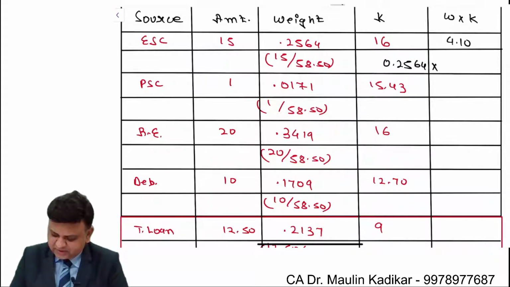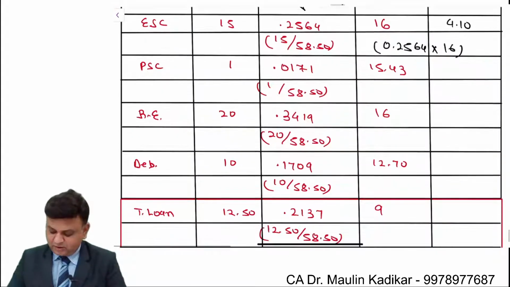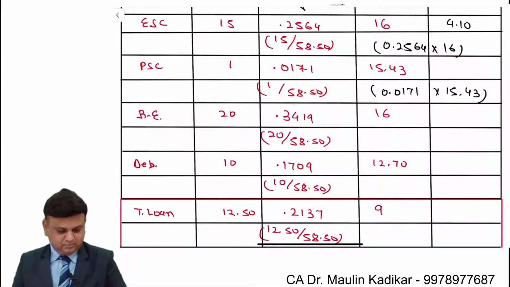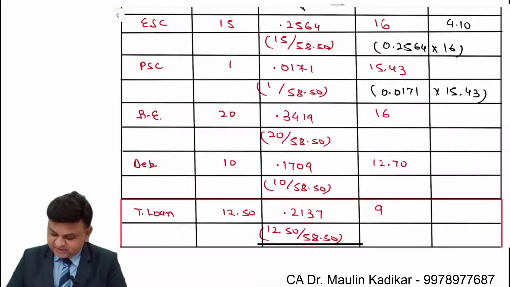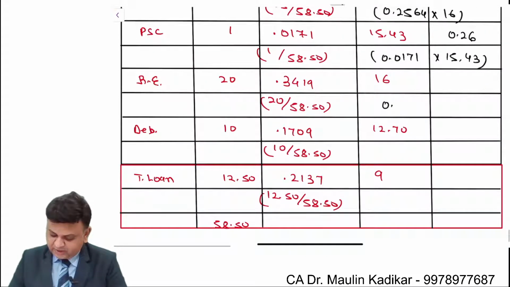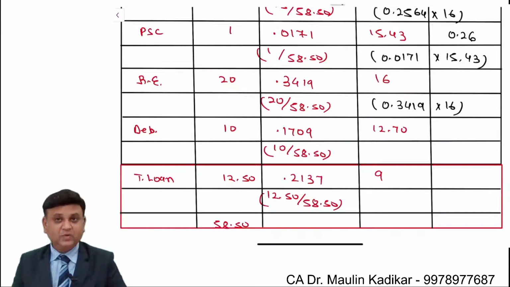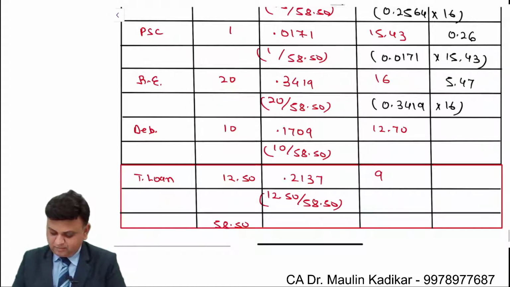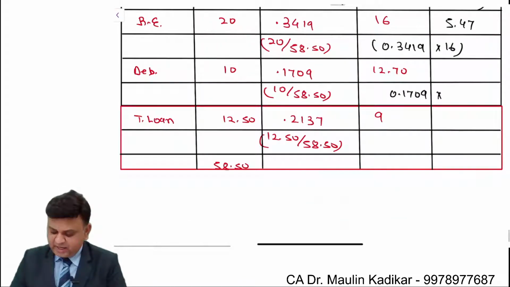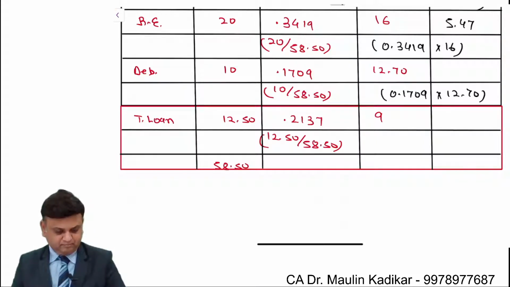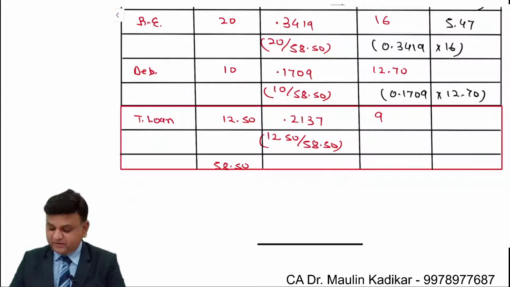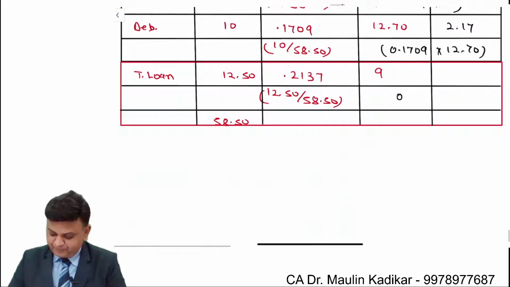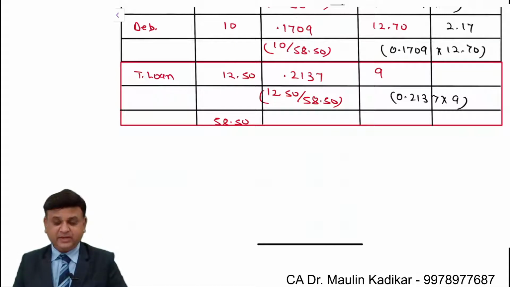Next, 0.0171 into 15.43, 0.26. 0.3419 into 16, 5.47. 0.1709 into 12.70, 2.17. 0.2137 into 9, 1.92.